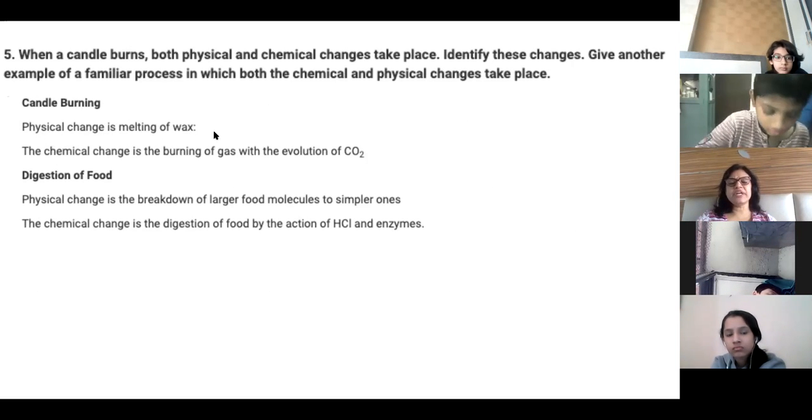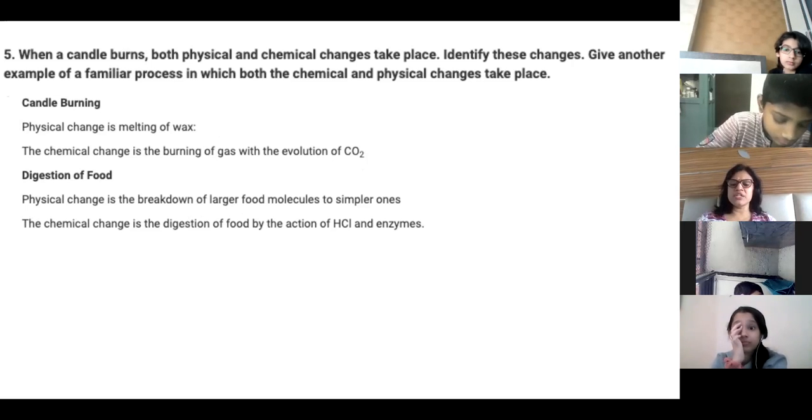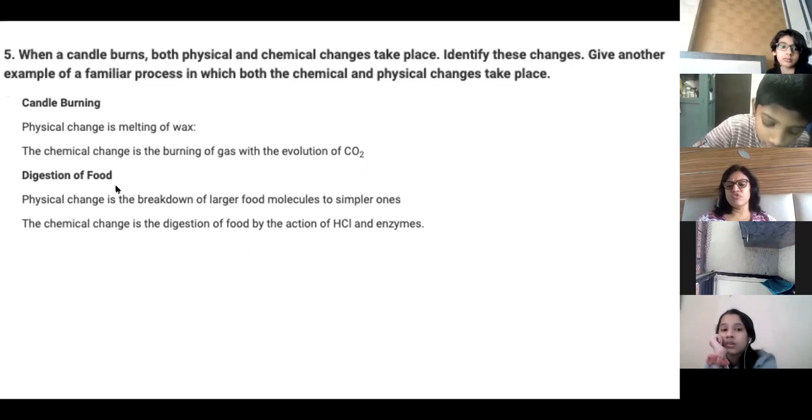The physical change is melting of wax, the chemical change is burning with evolution of CO2. In digestion of food, the physical change is chewing, breaking bigger food particles into smaller particles with the help of your teeth. The chemical change is digestion by the action of enzymes.